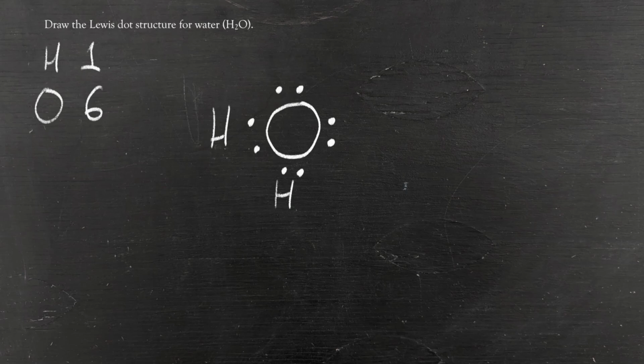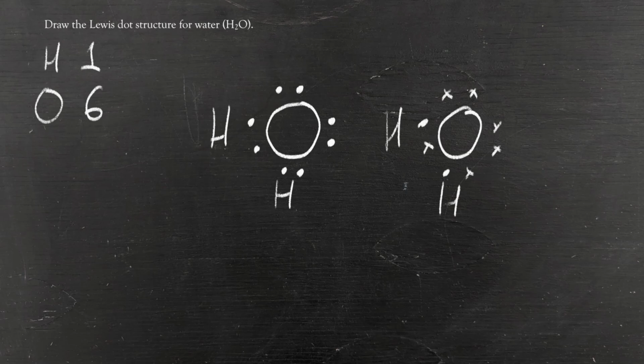Sometimes when I'm first thinking about these kinds of questions, I might use different symbols depending on whereabouts those electrons are coming from. So for example, if I do this again, I might use little crosses to show my oxygen's electrons, and then my hydrogen's electrons as dots. This is just a way to help think about where they came from.